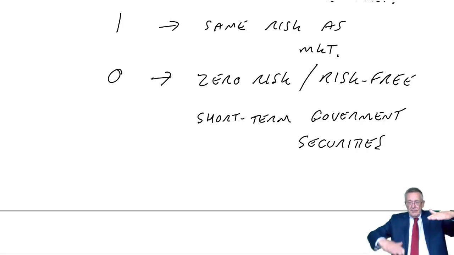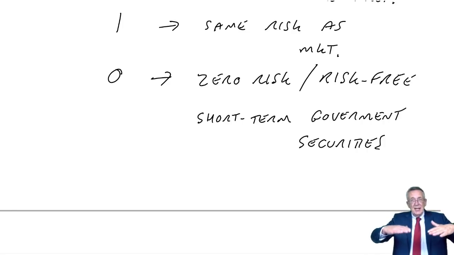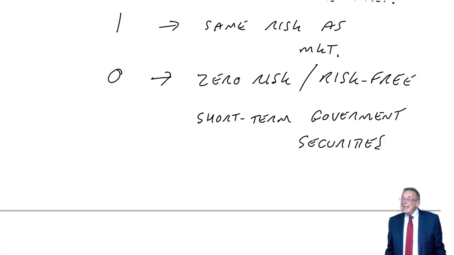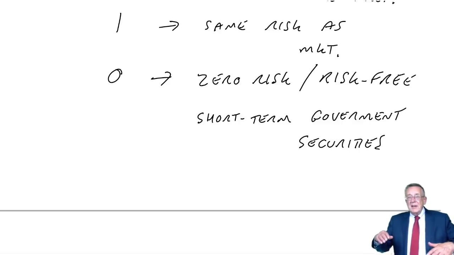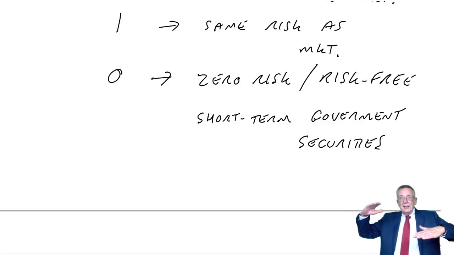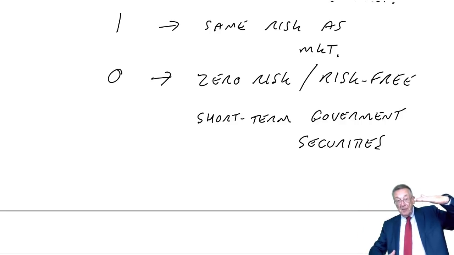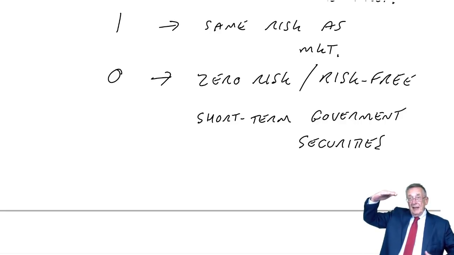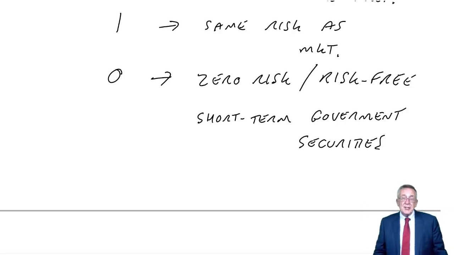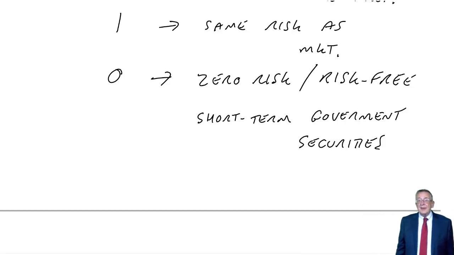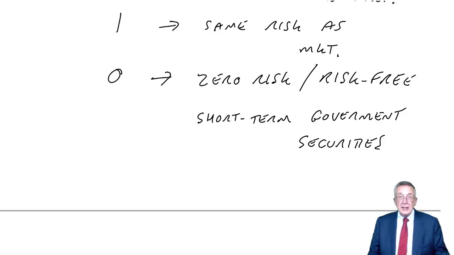Just some fluctuate more, some fluctuate less. To have a negative beta would mean that as the market did better, your share actually did worse, or if the market did worse, your share did better, which doesn't really happen. All shares tend to go up and down together. So I'm not going to waste any more time there. In the exam, it certainly wouldn't be negative.